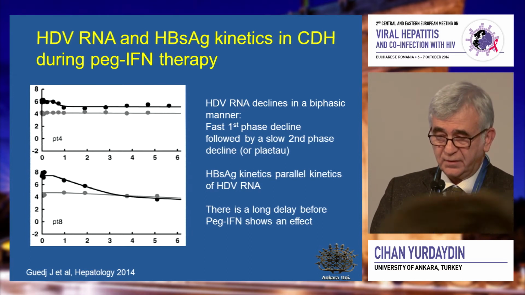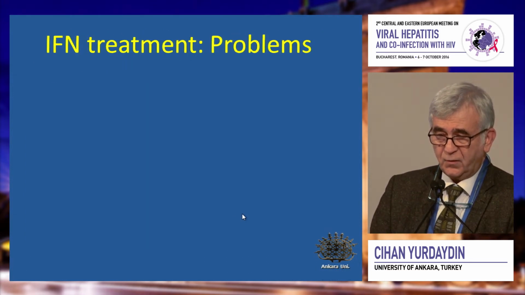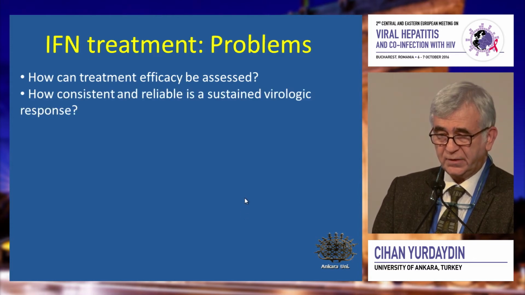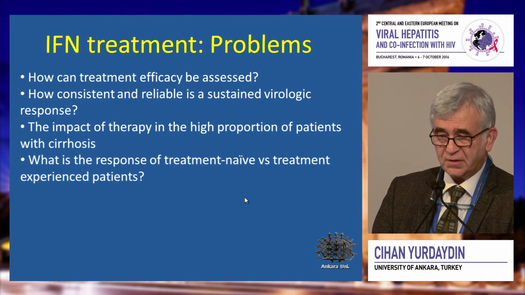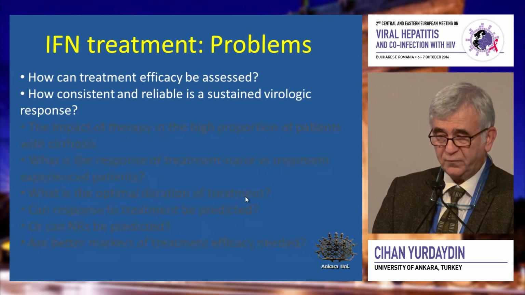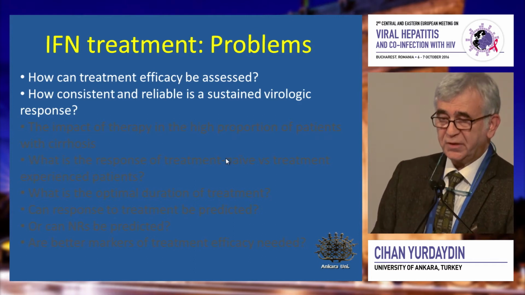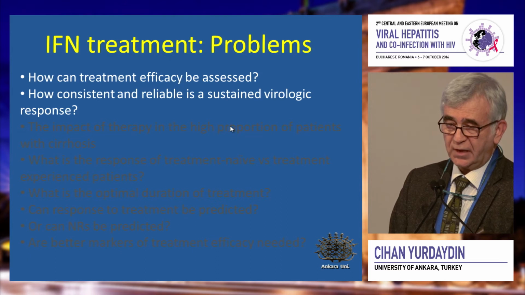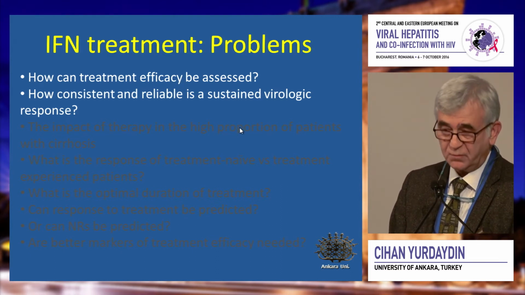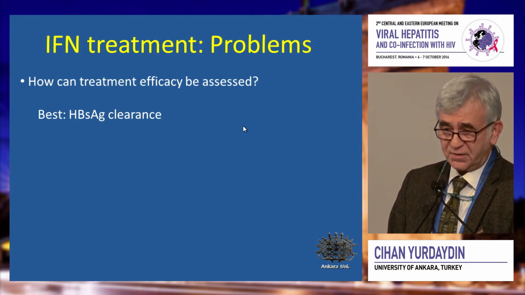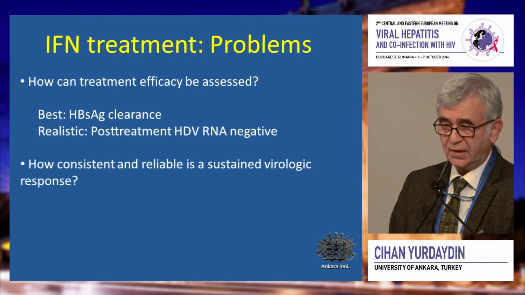What are the problems with interferon treatment in delta hepatitis? I have listed a few of them, but I'm not going through all of them. Let's start with how treatment efficacy can best be assessed and how consistent and reliable a sustained virologic response is. This is important for new drug development. The best assessment is surface antigen clearance, but this is rarely achieved.